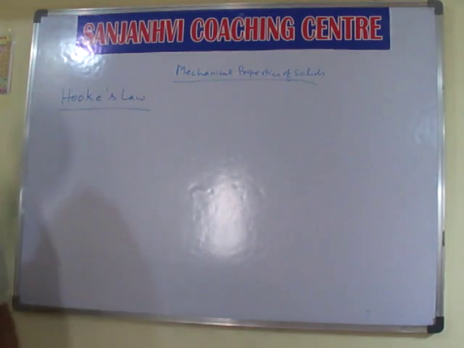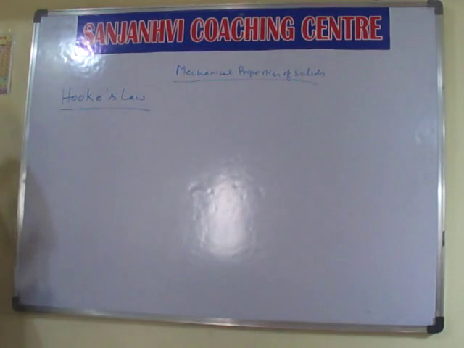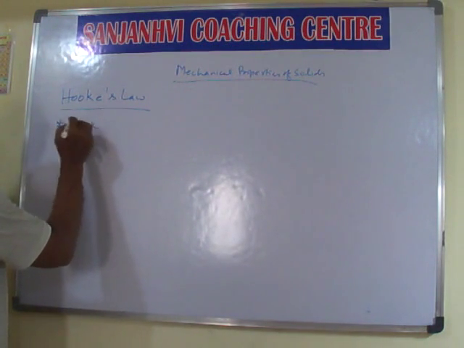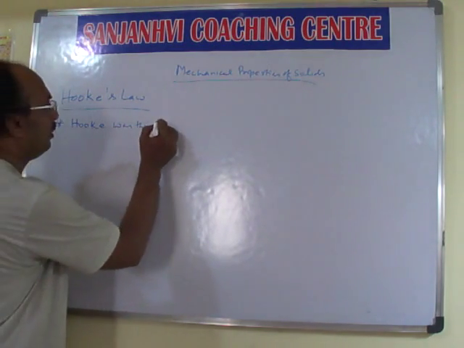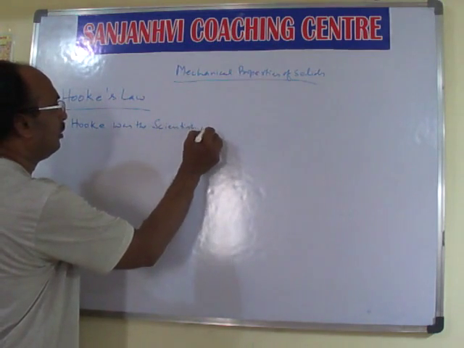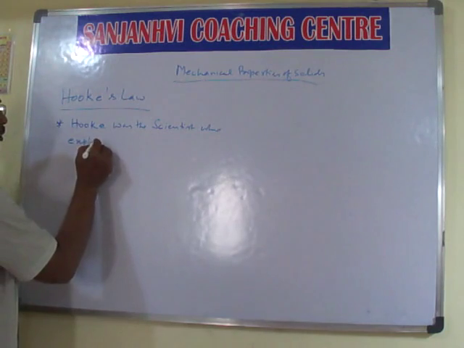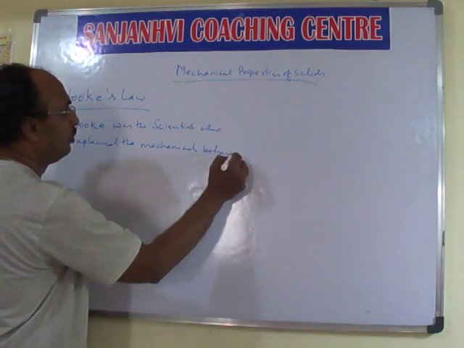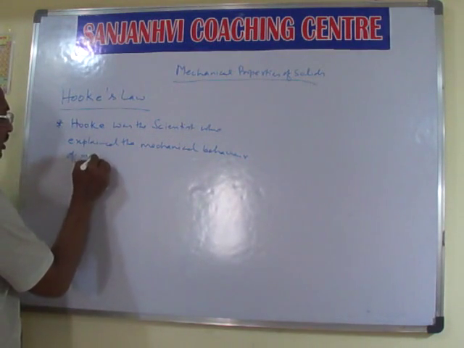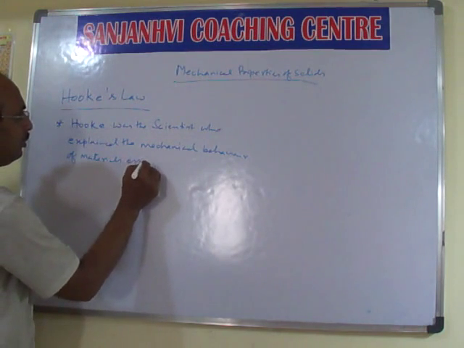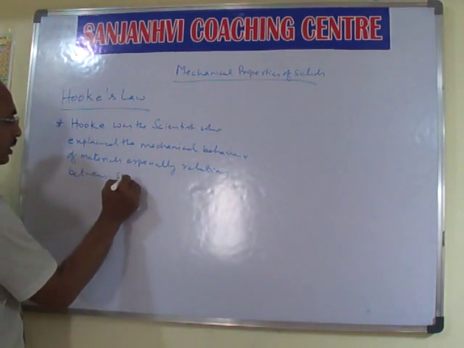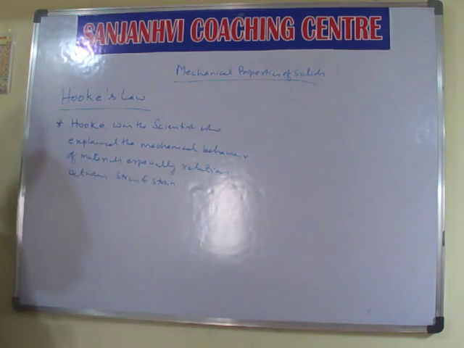Robert Hooke was the scientist, the metallurgist, who explained the mechanical behavior of materials, especially the relation between stress and strain. What is the relation?